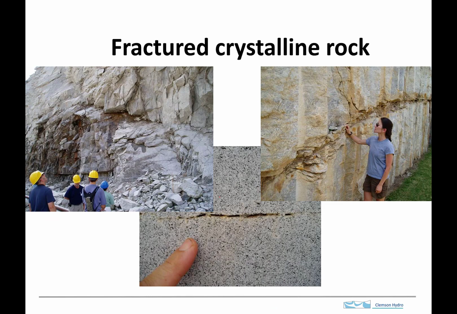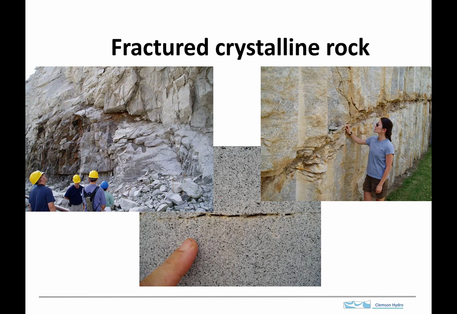And so we'll see a consequence of that. But before we get there, one of the things we have to recognize is that these rocks are fractured, and the fractures play an important role in their properties and their performance as an aquifer material.